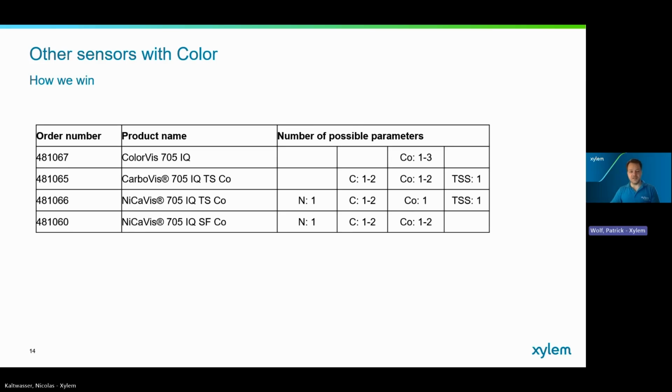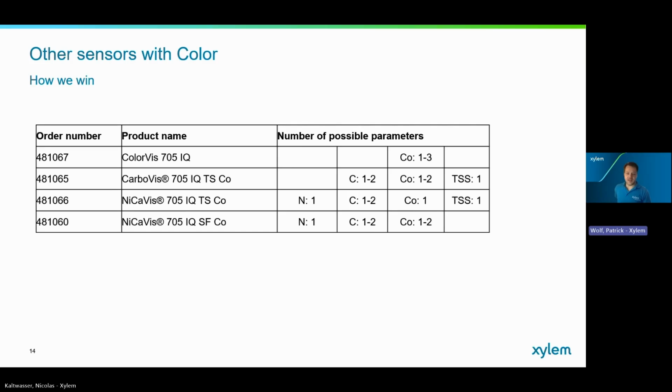In the other lines here, you see other sensors which provide color. So there is a ColorVis sensor providing carbon parameters, total suspended solids, and color. And there are also 2 UV-VIS sensors for nitrate, carbons, suspended solids, and color. And on the right-hand side, you see the possibility which sensors you can show on the display.